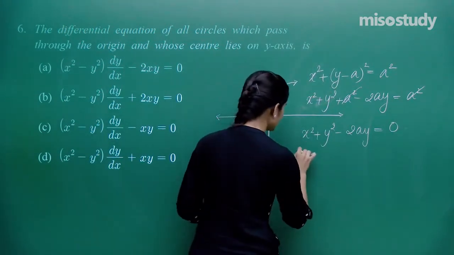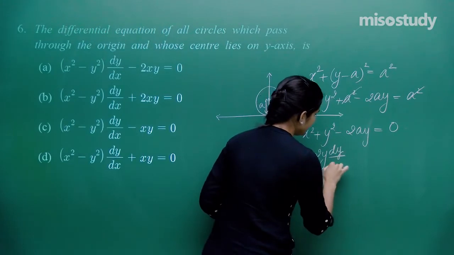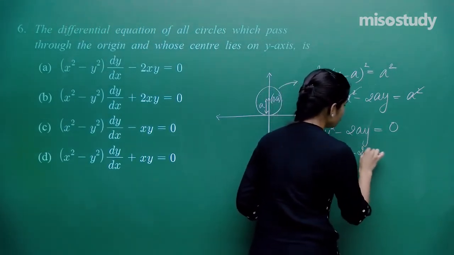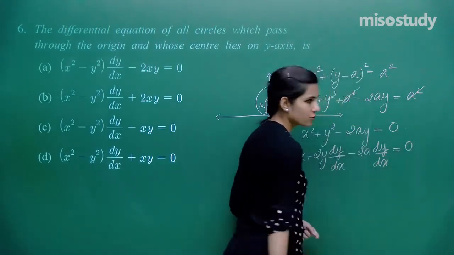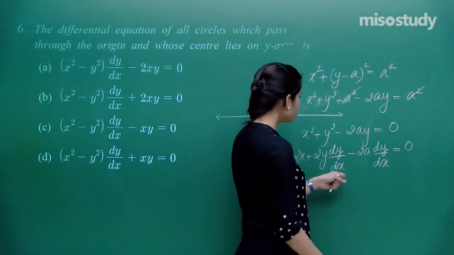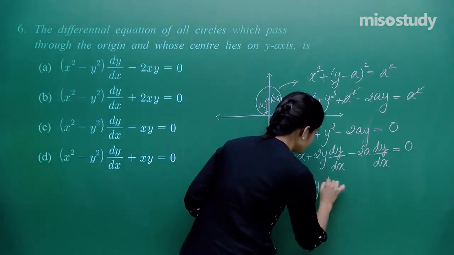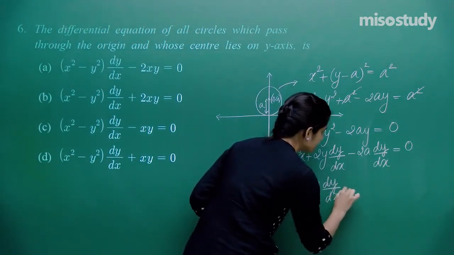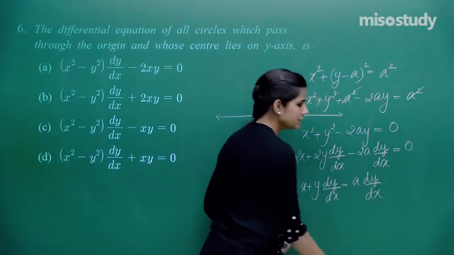Now differentiate, you get 2x plus 2y dy by dx minus 2a dy by dx equals 0. Now see, 2 gets cancelled from everywhere. I am left with x plus y dy by dx equals a dy by dx because 2 has got cancelled.